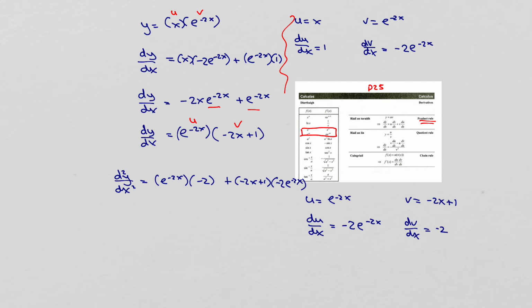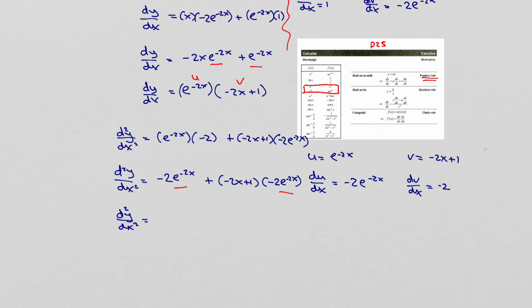So again, if I was to get rid of my brackets there, I have minus 2 e to the minus 2x, and then I have minus 2x plus 1 times minus 2 e to the minus 2x. And again, I can see I have an e to the minus 2x. So again, I'm just going to tidy that up by taking that out as being common. You don't have to. You could multiply out your brackets, of course, and add any like terms.